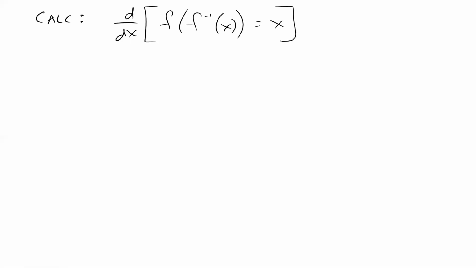Let's take the derivative of this whole big thing, f of f inverse of x, equal to x. That's what we're doing. We're taking the derivative of both sides with respect to x. So let's see how this works. I think the chain rule says this.